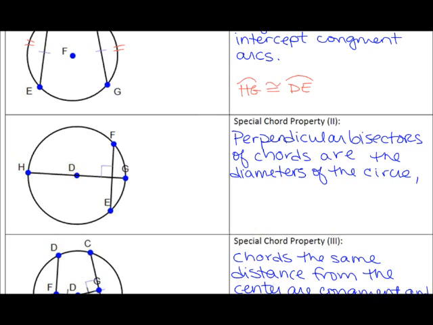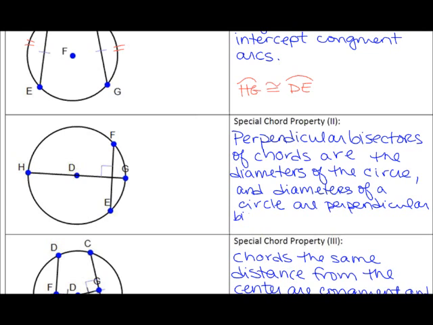And vice versa. So diameters of a circle are perpendicular bisectors of chords.